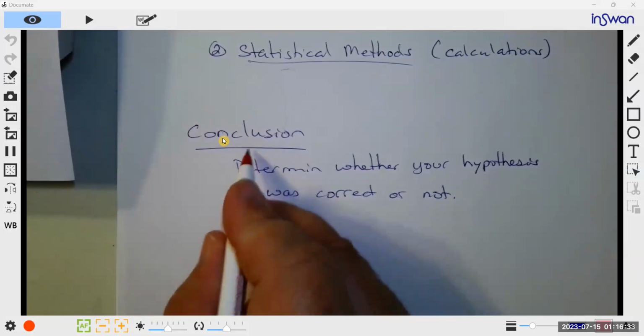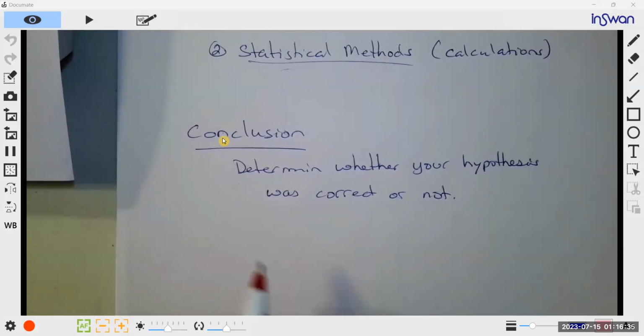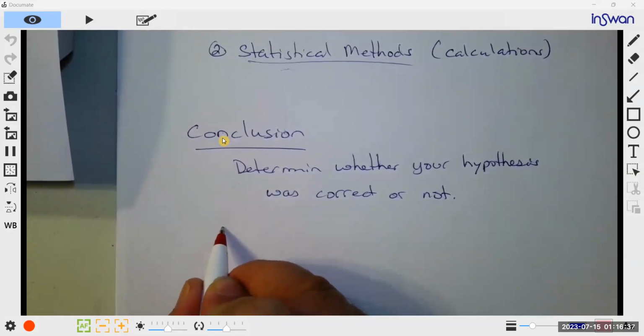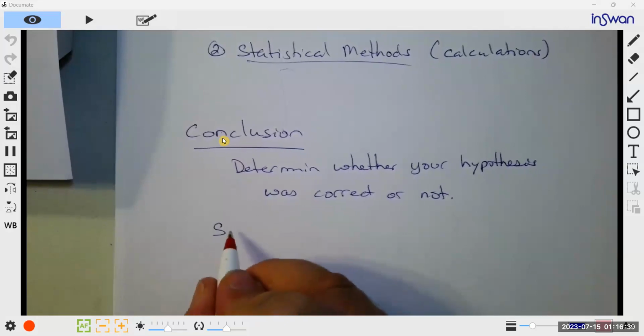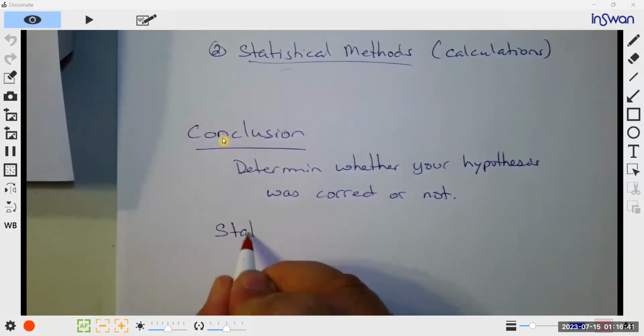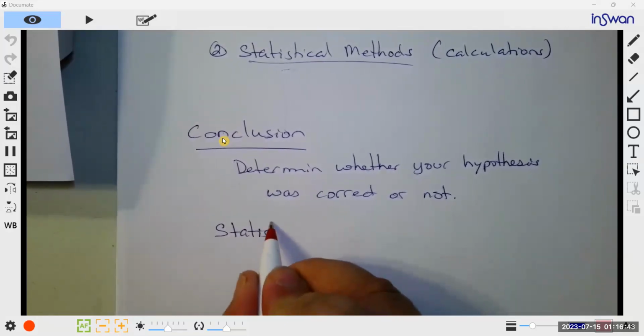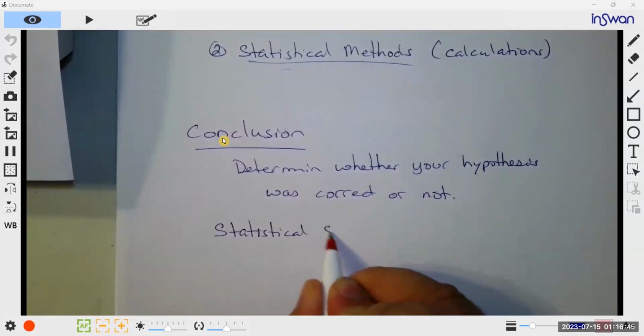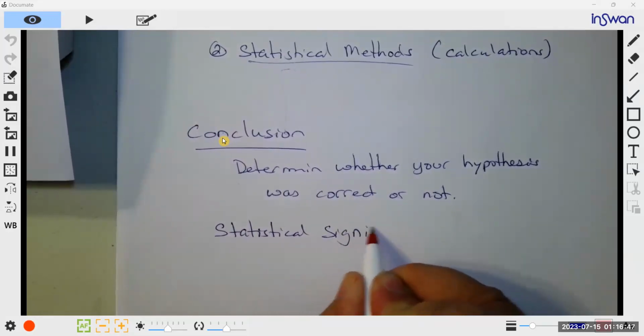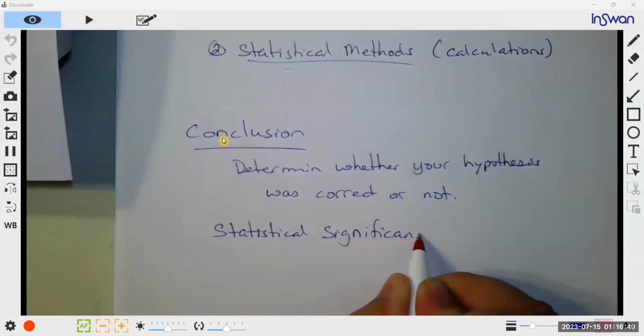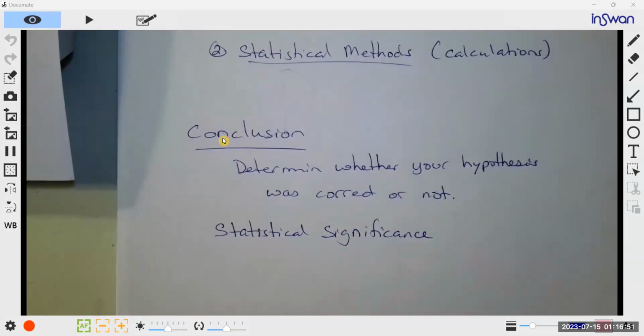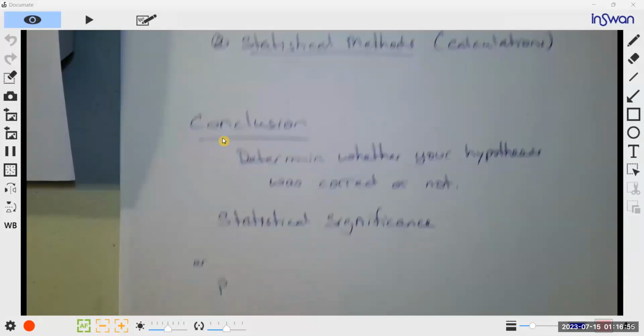Also at this point, we're going to look at whether all this stuff has statistical significance or practical significance.